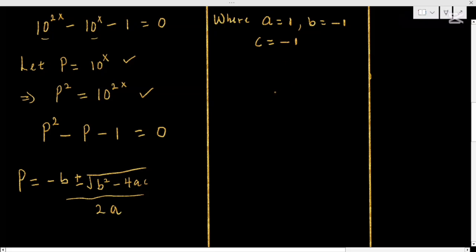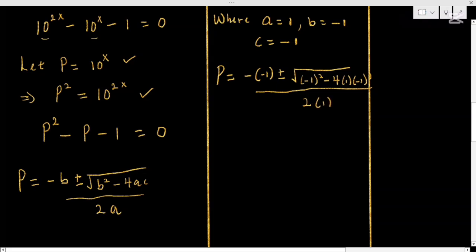So we can now substitute those values in our quadratic formula, and it will become P equals minus of minus 1, plus or minus the square root of minus 1 squared minus 4 times 1 times minus 1, over 2 times 1.